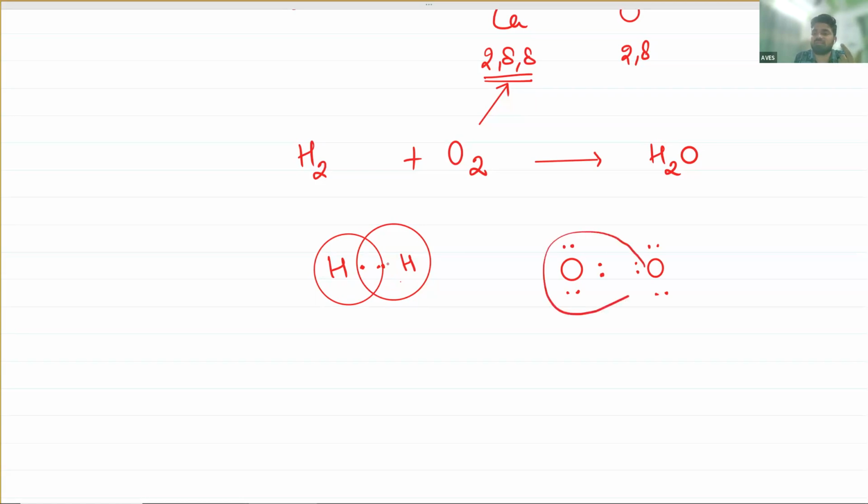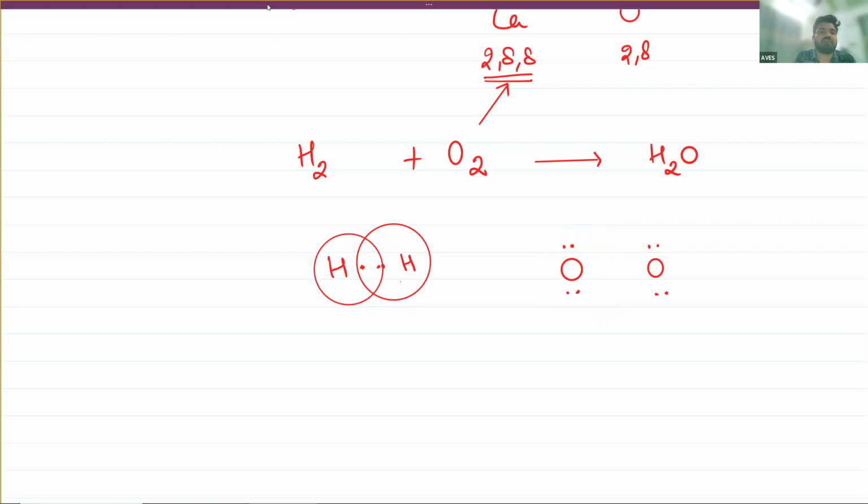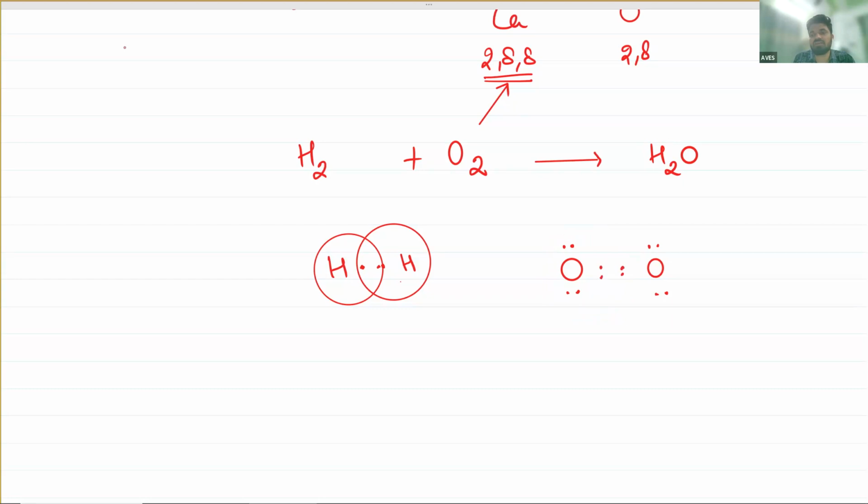For some time, each oxygen will have 8 electrons. They both share two electrons with each other in order to make bonds, and that's why oxygen exists in the form of O2, not as an individual O.